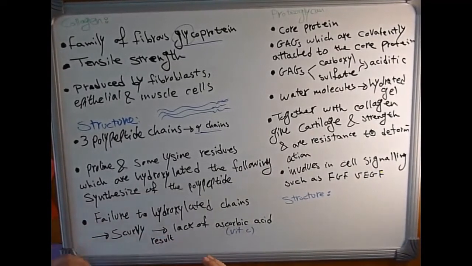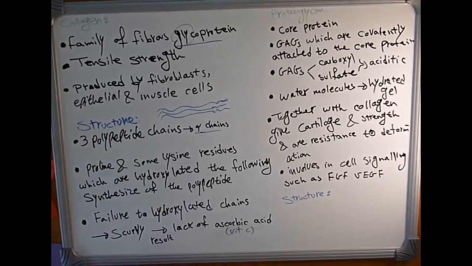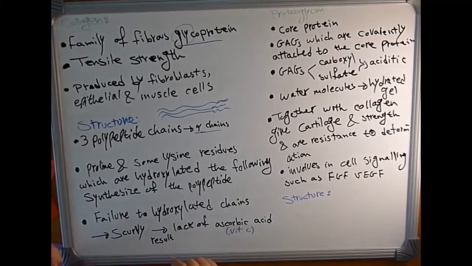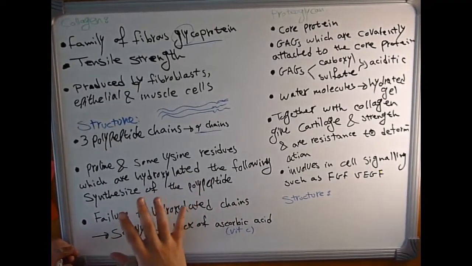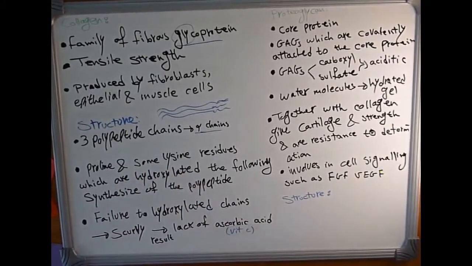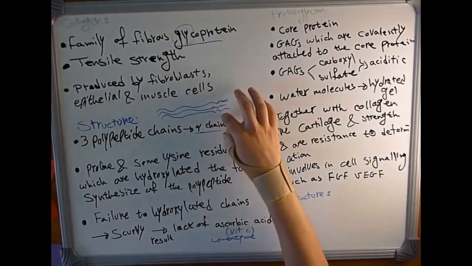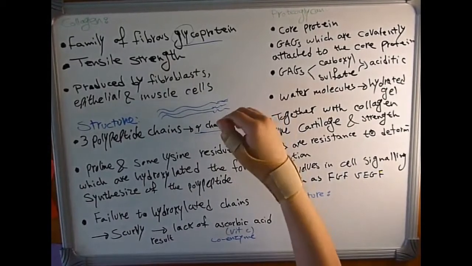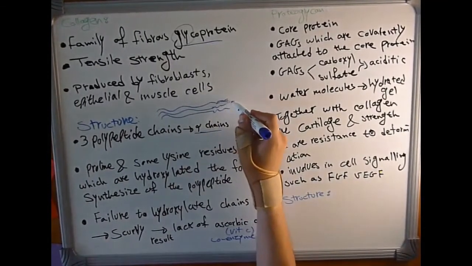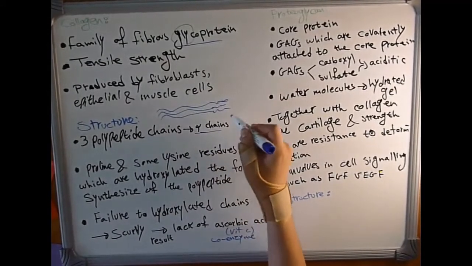Scurvy disease is a consequence of the lack of ascorbic acid, or vitamin C. Vitamin C acts as a coenzyme with the enzymes that are needed for the production of the polypeptide alpha chains.